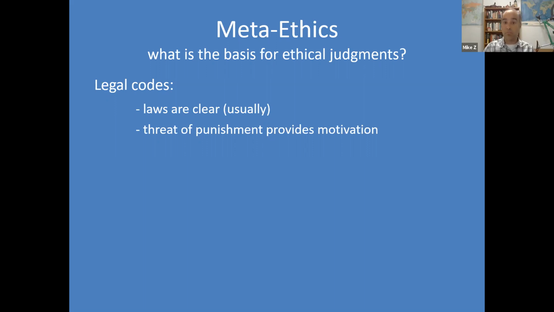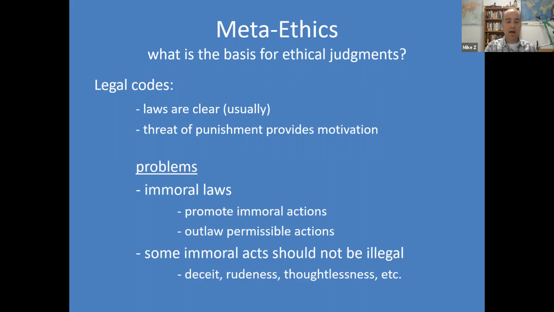Then, of course, the threat of punishment, legal sanctions or legal repercussions of some kind can certainly provide motivation for following those laws. But there's some very serious problems with using simply the legal codes as the basis for our ethical understanding. Because, of course, there's immoral laws, right?